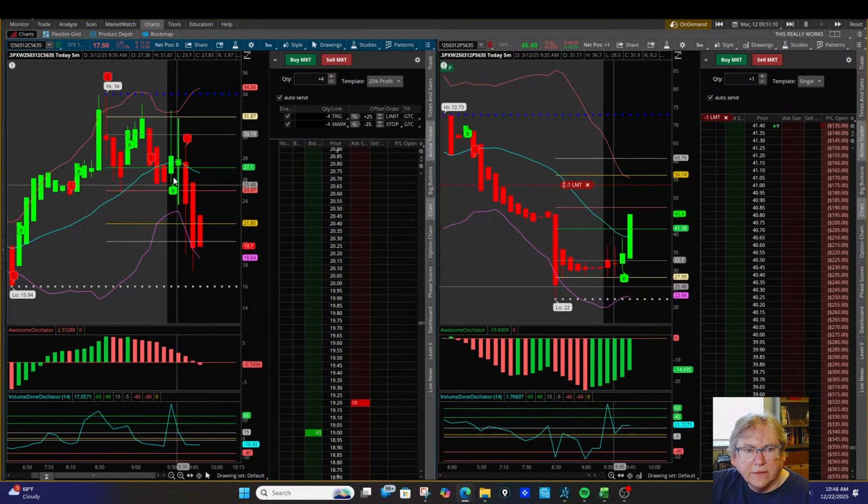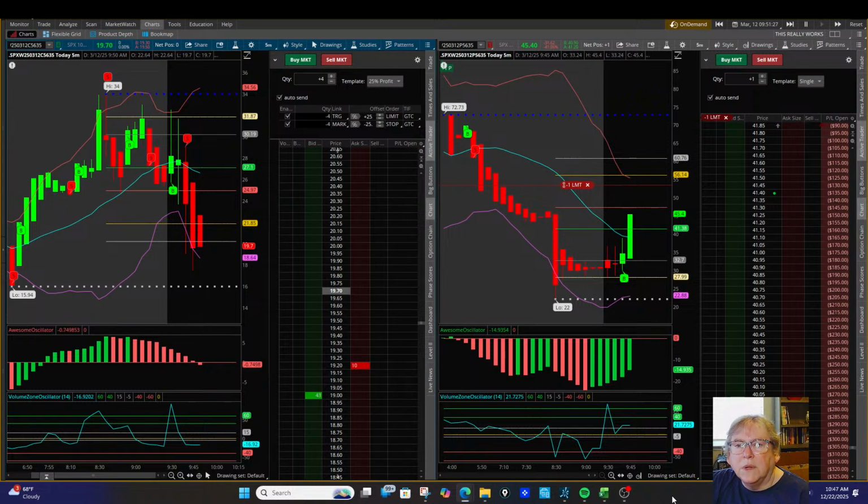I really like having the calls and the puts side by side because it lets me know what each of them is doing at the same time. I don't know how many people do that out there, but I found this to be one of the easiest ways of telling when something's going to break out.